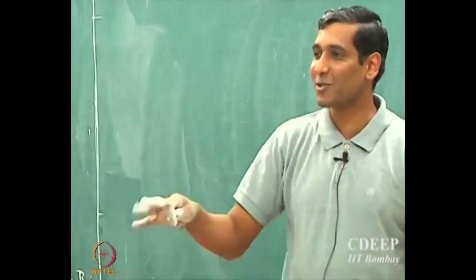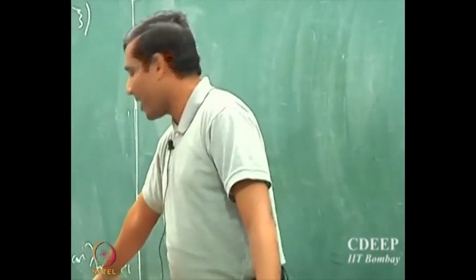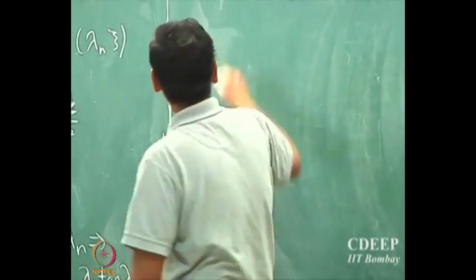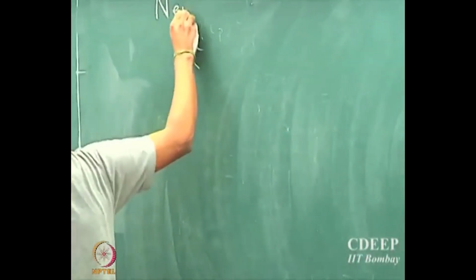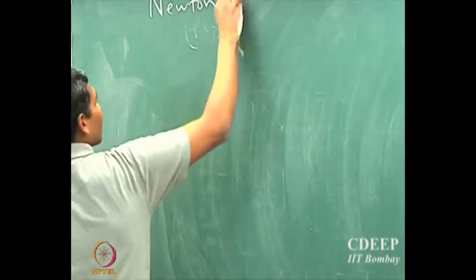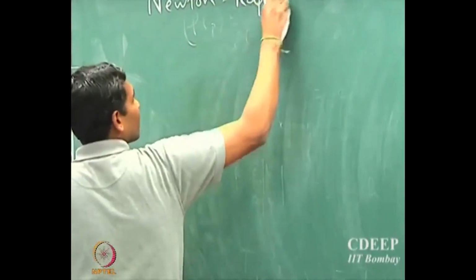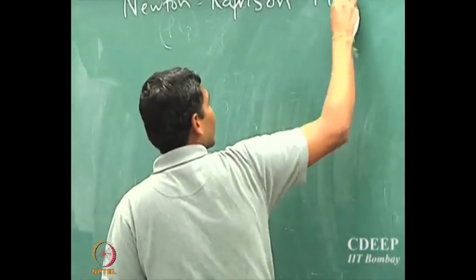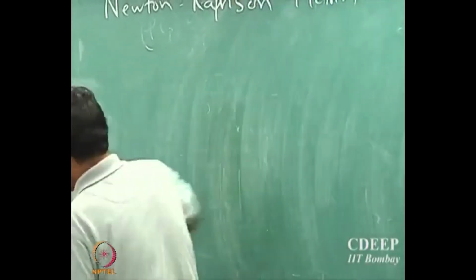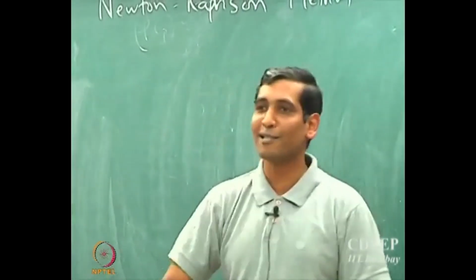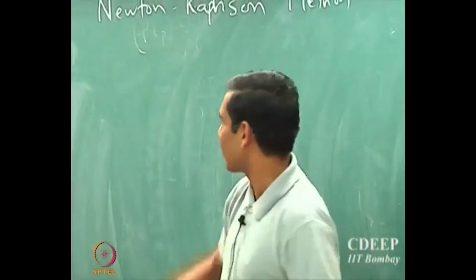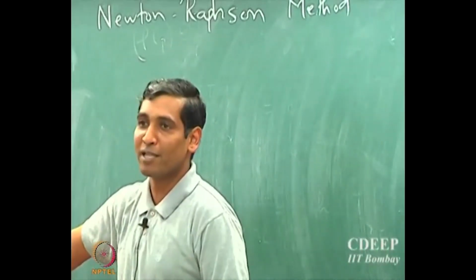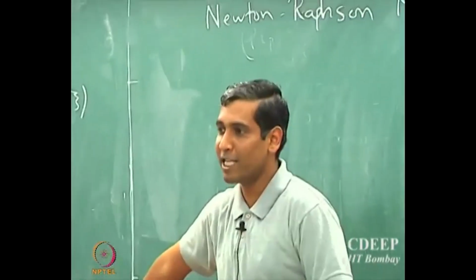No, Scilab is just a software. What you use is called the Newton-Raphson method. You will see this in your numerical analysis course. So you have to use the Newton-Raphson method to solve this equation. In fact, there are subroutines in Scilab, MATLAB, etc. to do the Newton-Raphson solution of such algebraic equations.